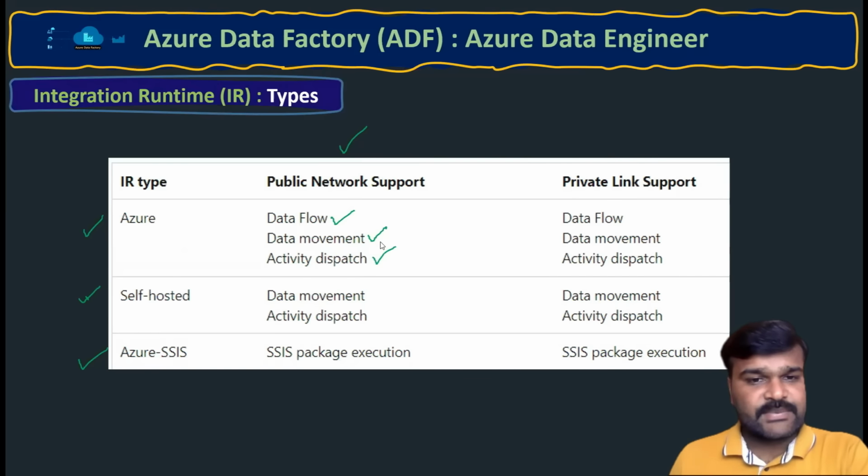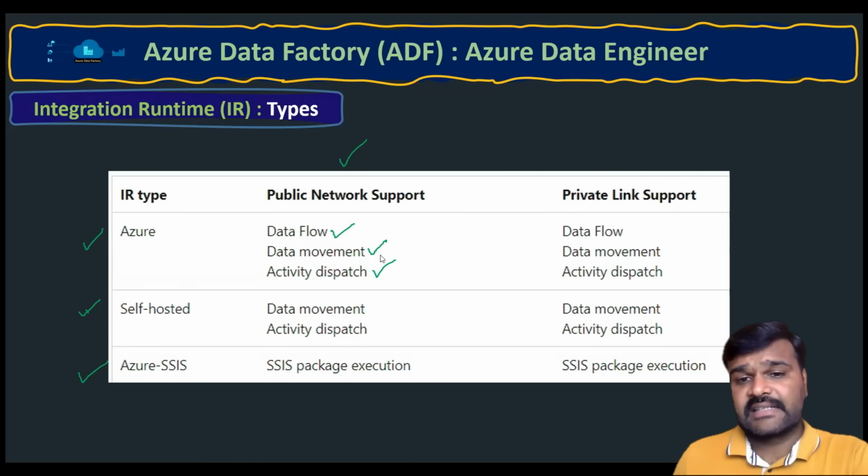Activity dispatching means dispatching and monitoring the transformation activities running on a variety of compute services, like Azure Databricks, HDInsight, machine learning, or Azure SQL Database. For all these things, you use activity dispatch.